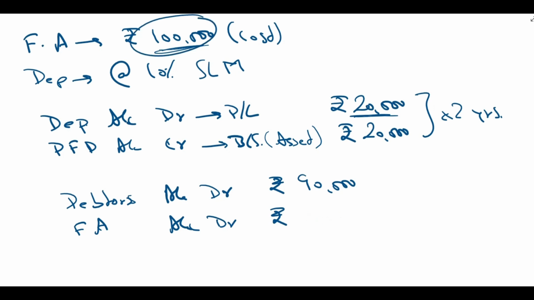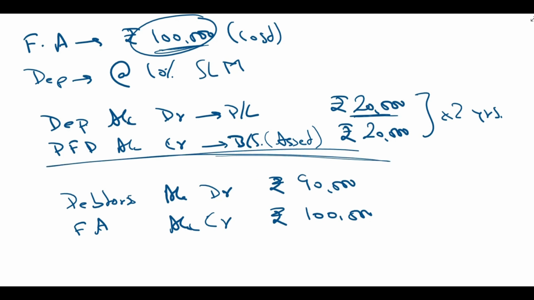So credit 100K. Then I have to close this one as well. So we will debit provision for depreciation account. We will debit it by 20, which is lying there.